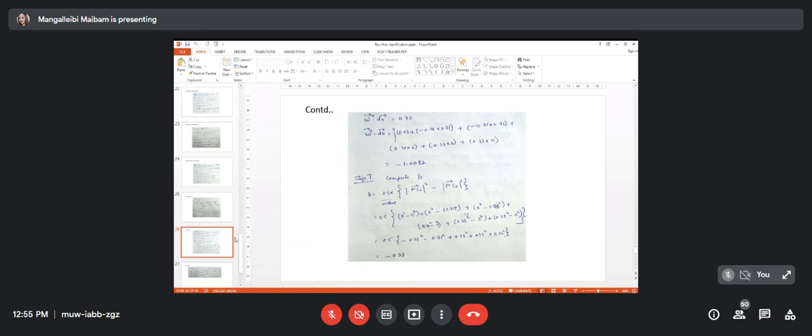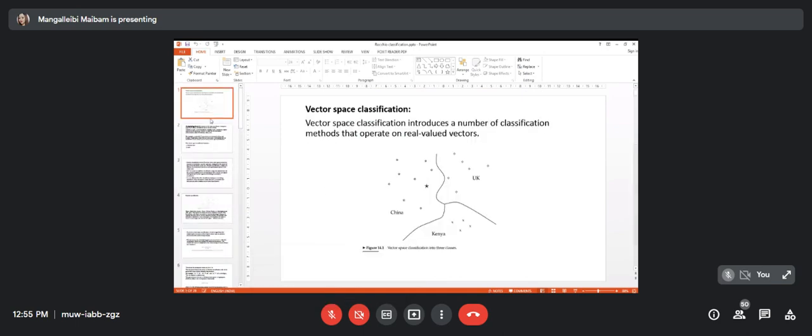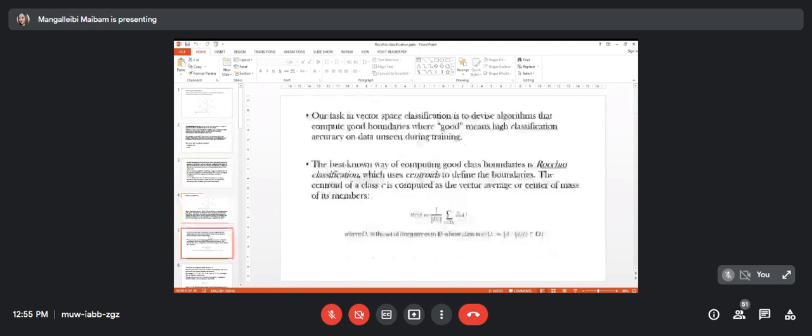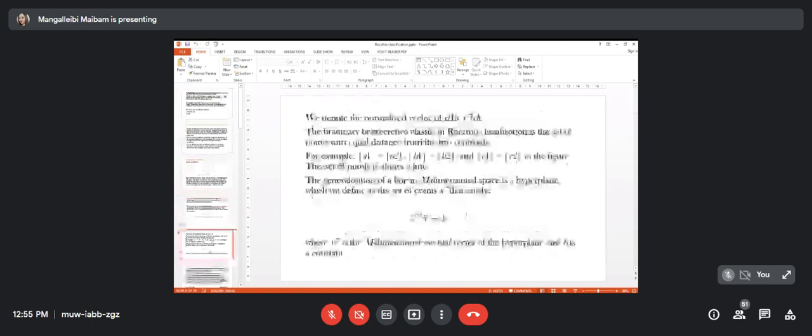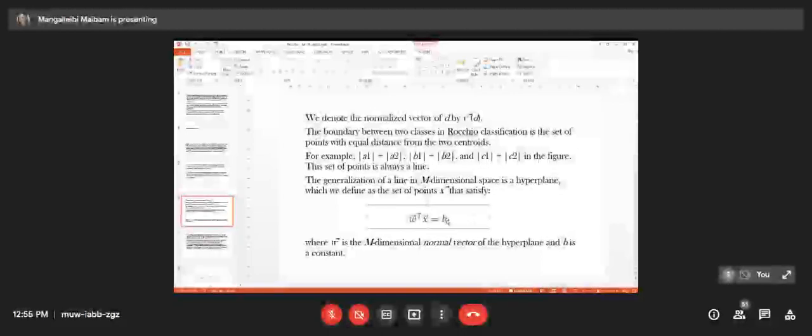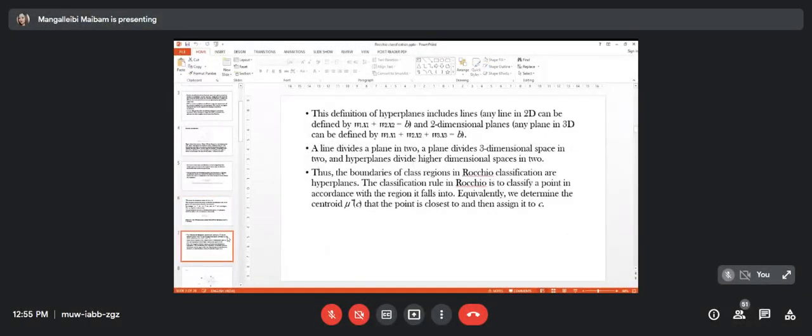So B is a constant. This constant value we will be computing here. How did we get this constant value?